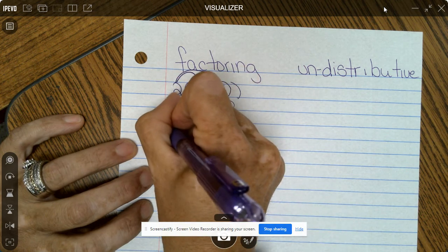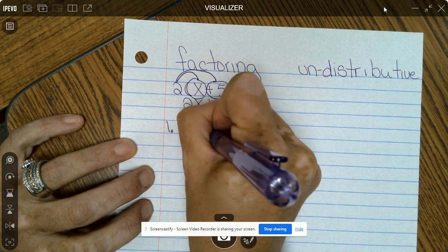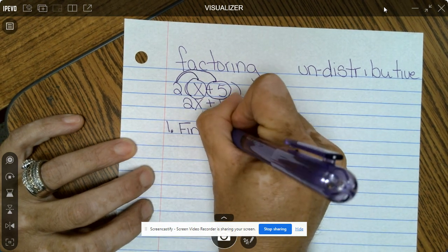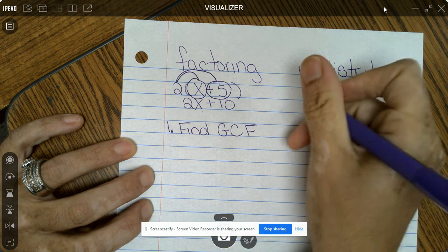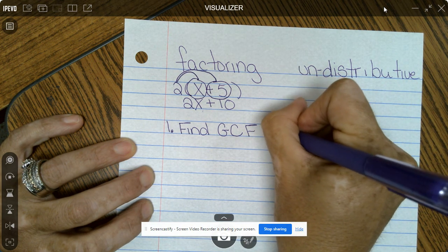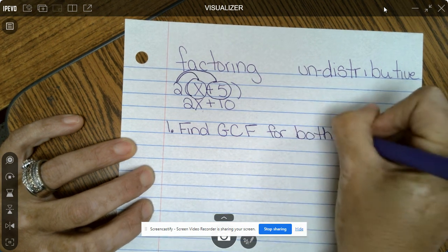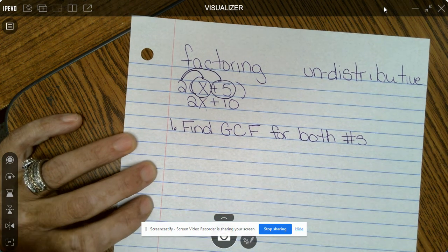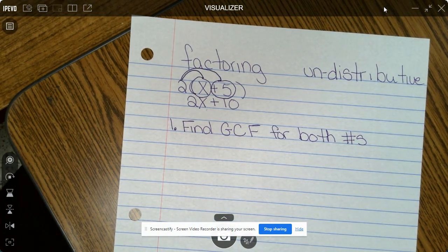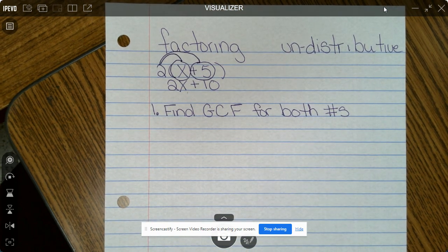So the first thing that you need to do is find the greatest common factor for both numbers. And when we talk about greatest common factor, it's the largest number that you can divide into both numbers.